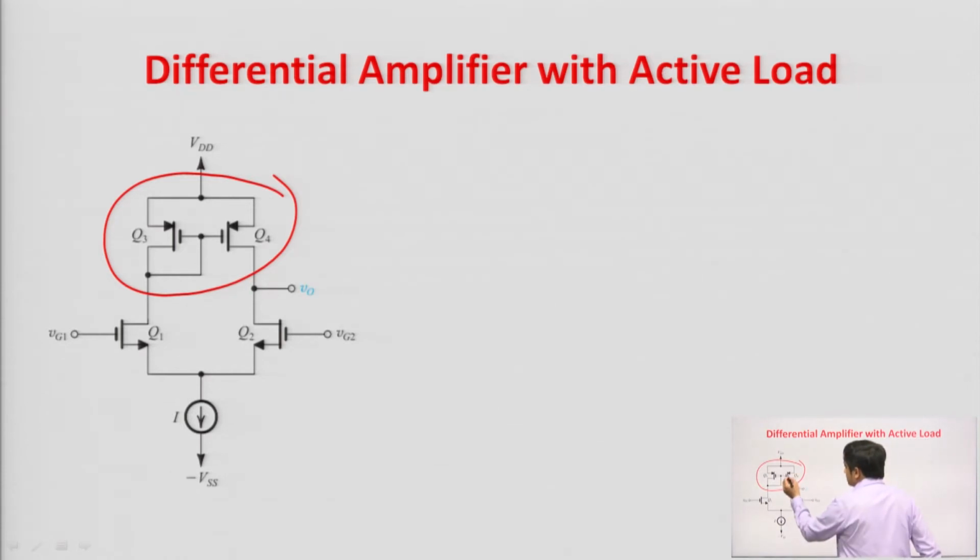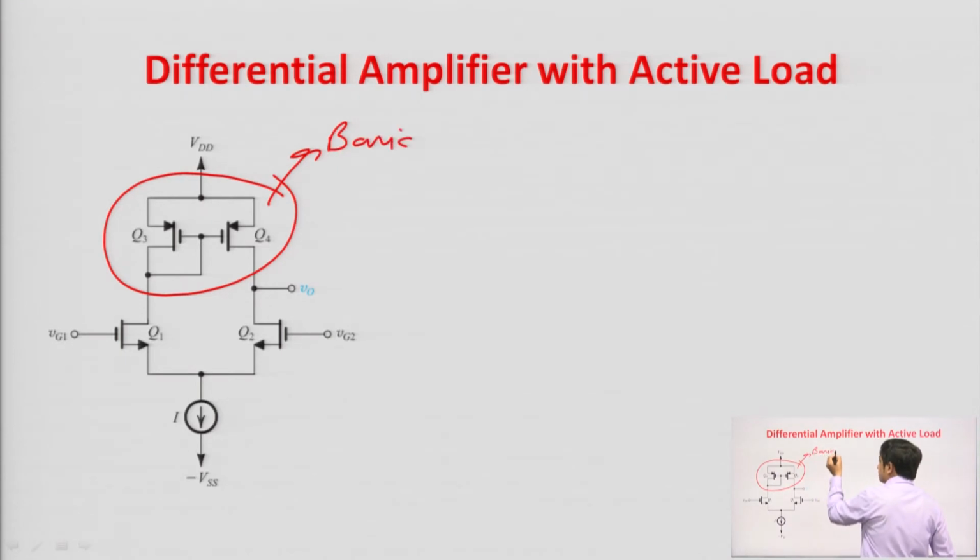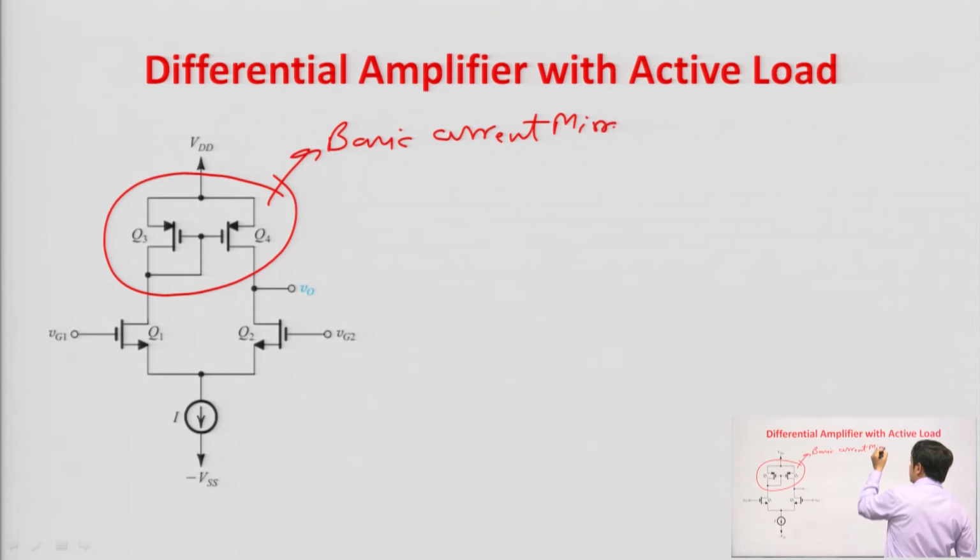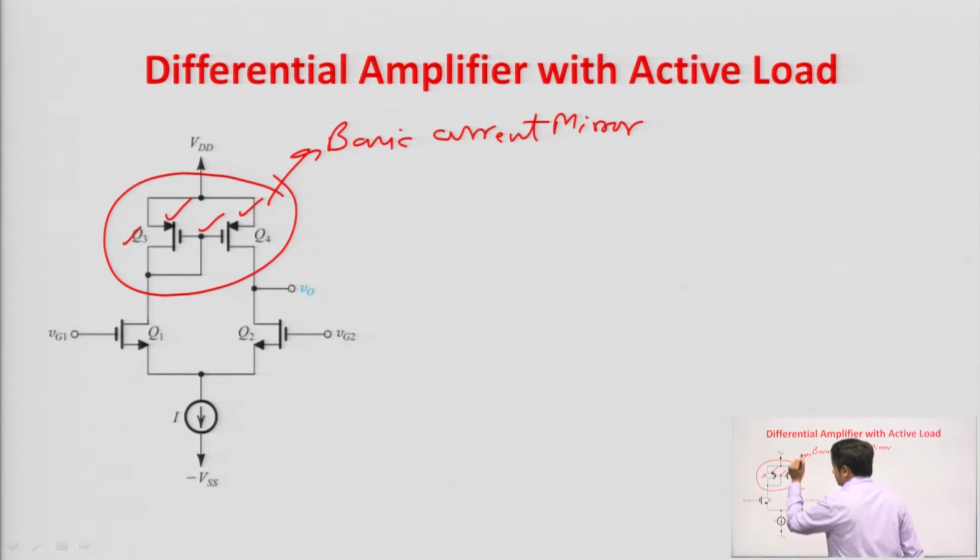You can see that Q3 and Q4 form the basic current mirror using PMOS transistors. The sources of the Q3 and Q4 transistors are shorted, and the gates are shorted, and Q3 is diode connected. So, this Q3 and Q4 is the basic current mirror using MOSFET.